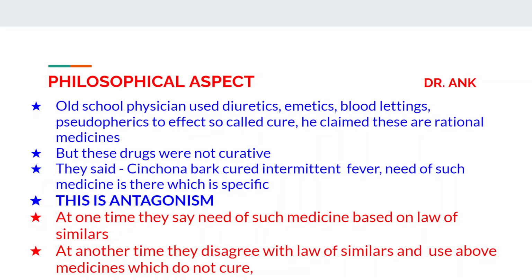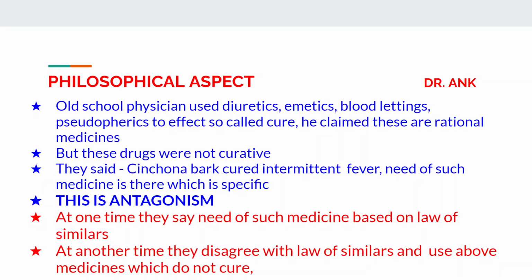So what is antagonism? At one time the old school physician accepts that there is a need of a specific remedy, and at another time they believe in a material cause of disease. They believe in various procedures which do not cure the patient but just give some temporary relief.